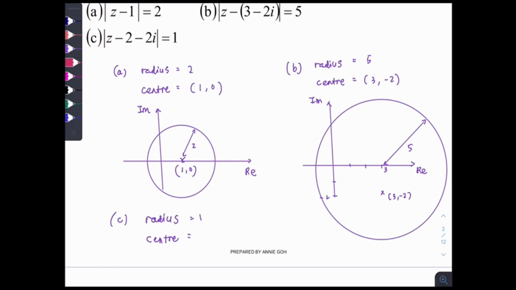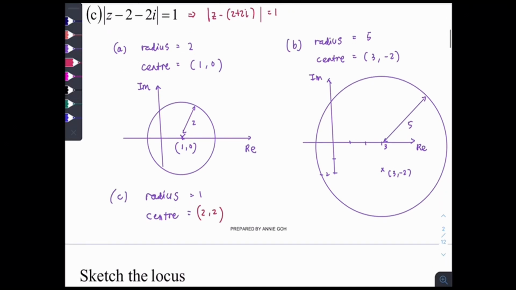So let me rewrite the C. It should be modulus Z minus a point, a distance between Z and a point. So the point should be 2 plus 2i after you factorize the negative out. And that's why the center here should be 2, 2.